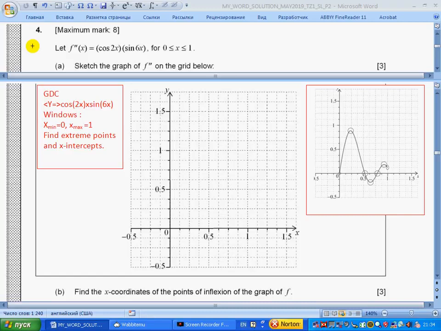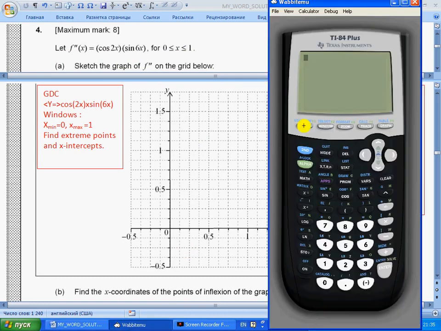Now question 4. Let the second derivative be cosine 2x times sine 6x, for x from 0 to 1. A. Sketch the graph of f double prime on the grid below. So what we do, we go to y equals.